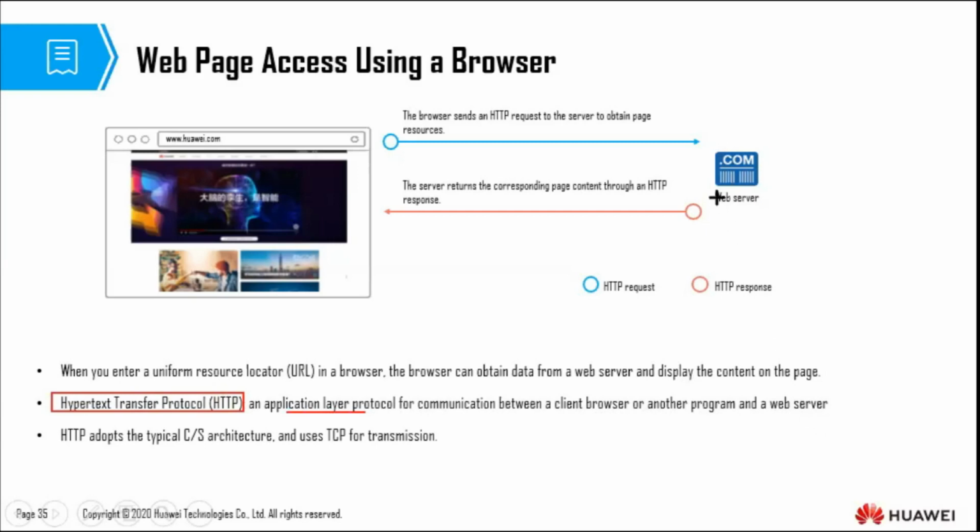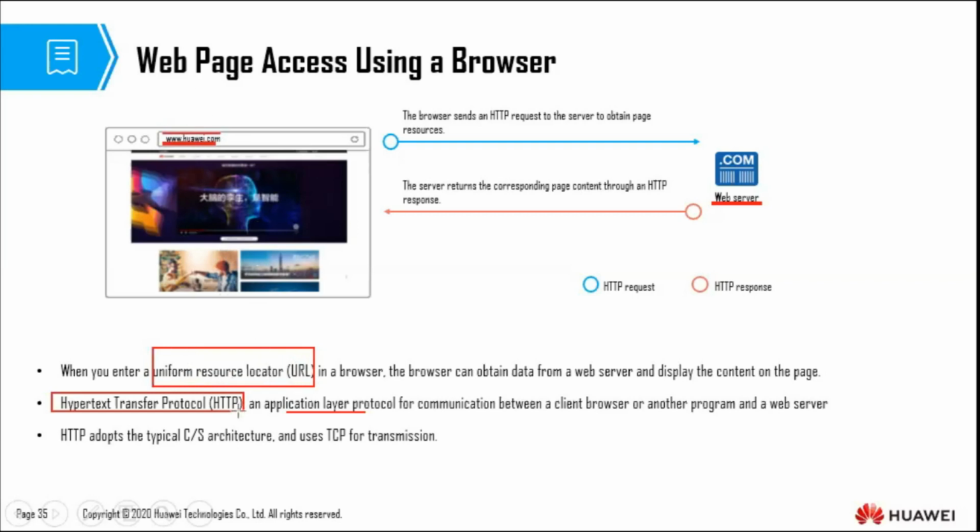So again, HTTP adopts a client server architecture. So we have web pages that are hosted on a web server. Then you in your computer, you can enter what we call a URL, a uniform resource locator. So the address you enter, for example, www.huawei.com is called a URL.